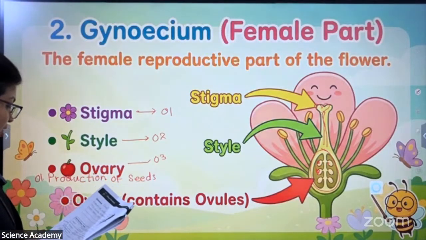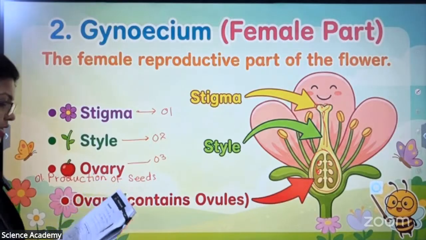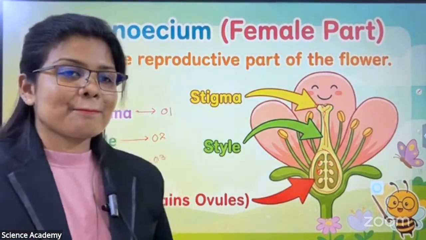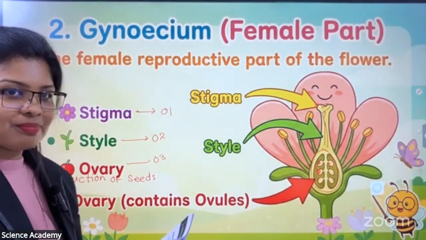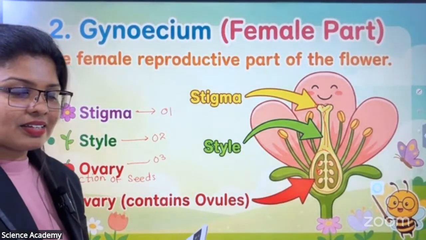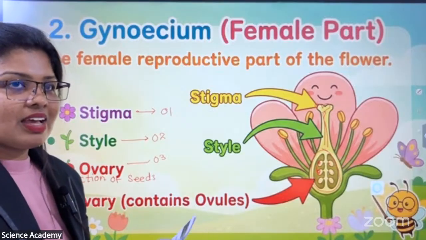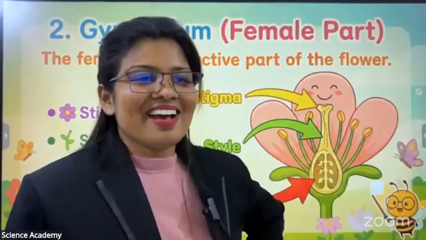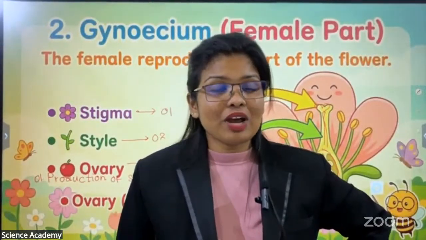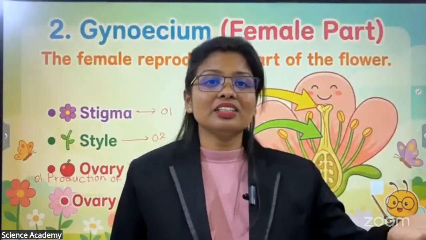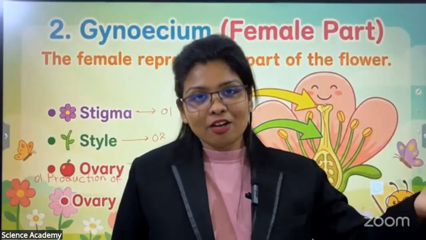Excuse me, teacher. Yes. Teacher, if the shoe flower is bisexual, why is it not bearing fruits? So children, the shoe flower, in its genes, has not formed fruit.